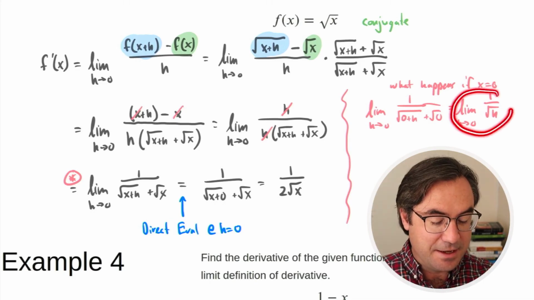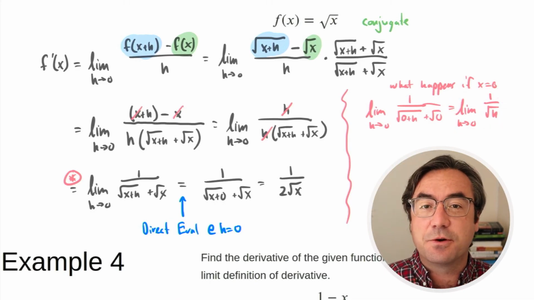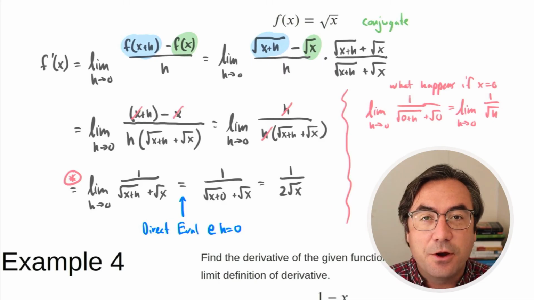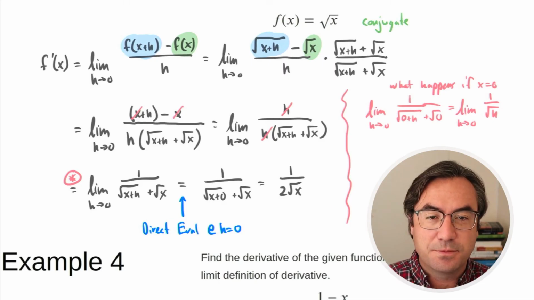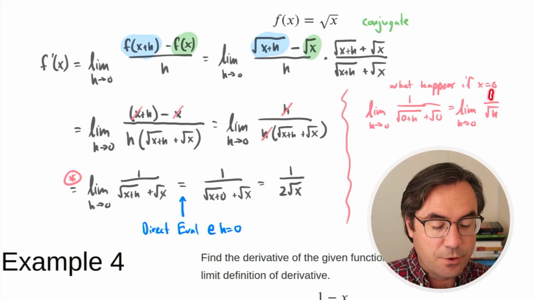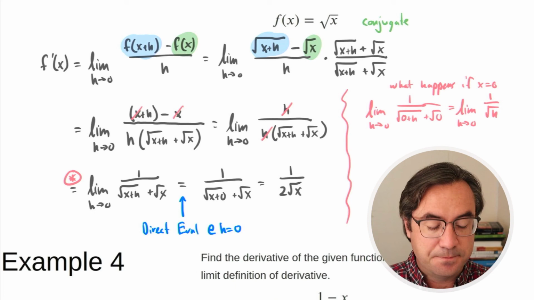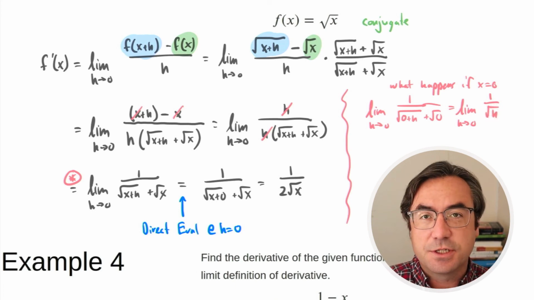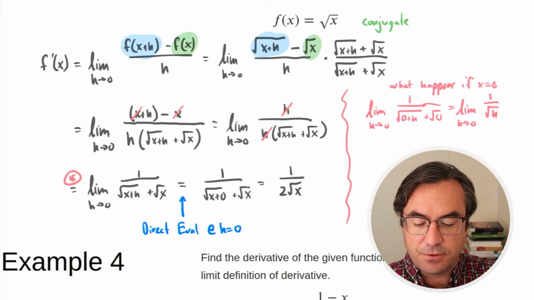And this is a c over 0 form. So we know how to handle c over 0 forms because, well, first we could check that it's a c over 0 form. So the numerator is just approaching a constant, and then our denominator is approaching 0.